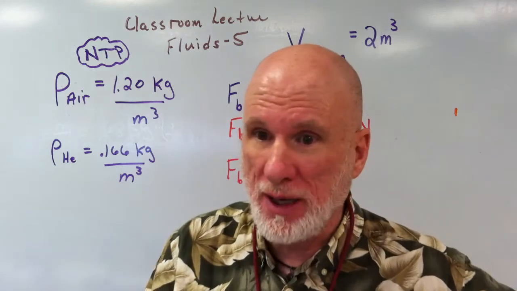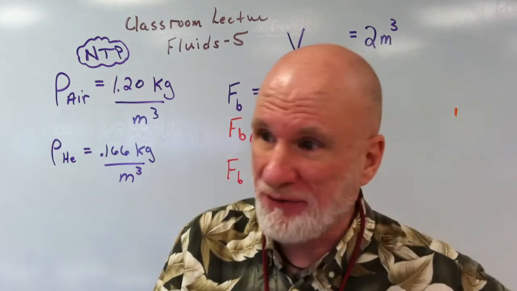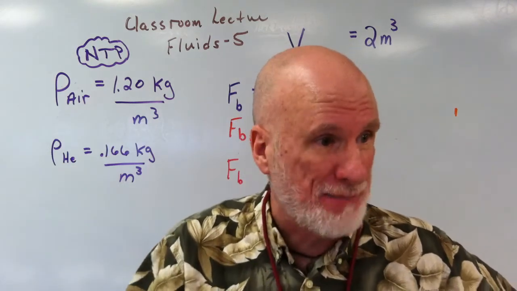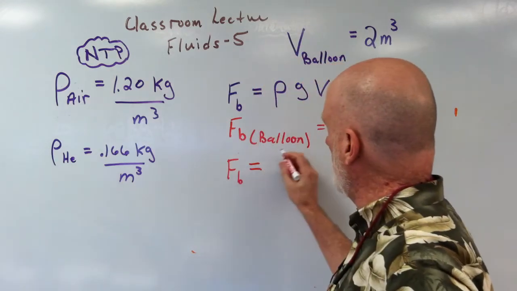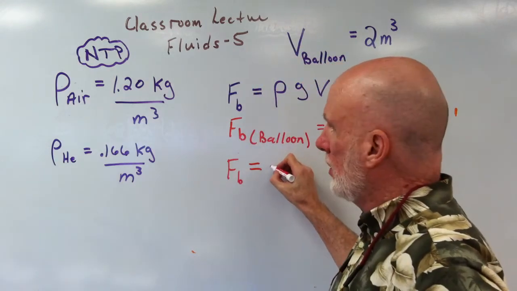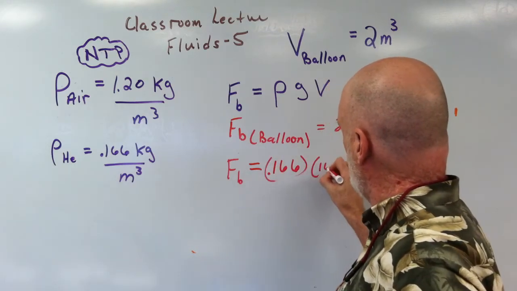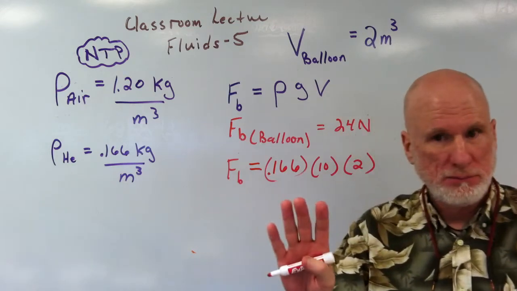So if we determine the buoyant force of the helium and subtract that from the buoyant force of the balloon, won't that equal the additional weight that balloon can carry? Let's do it. So it's going to be 0.166 times 10 times 2. Is that right?